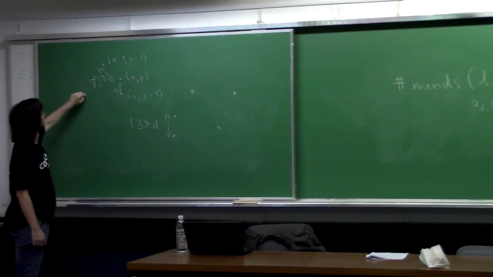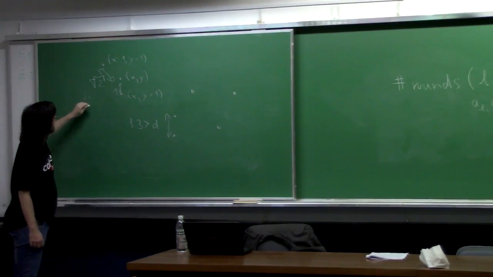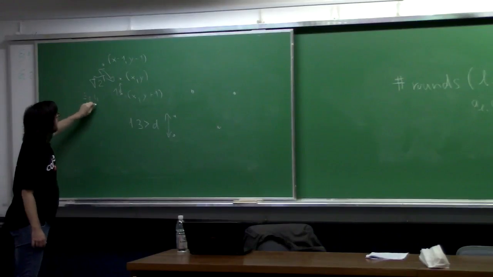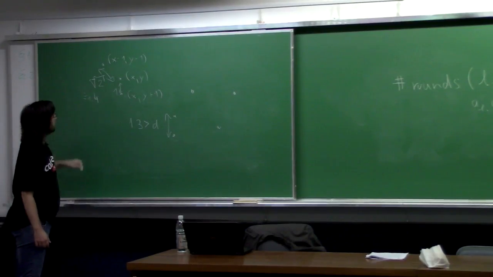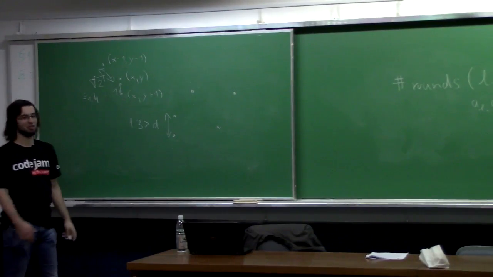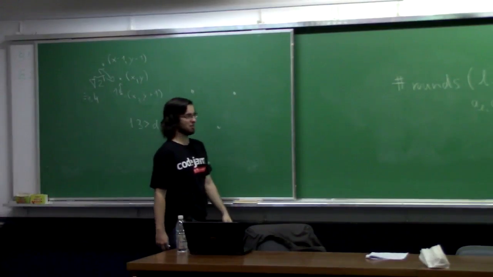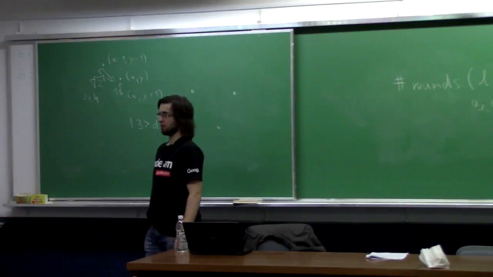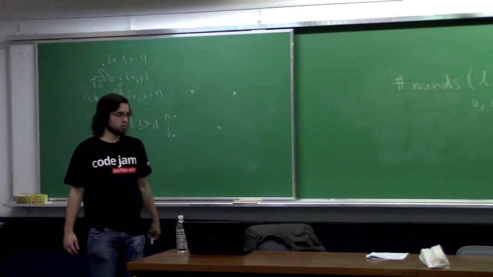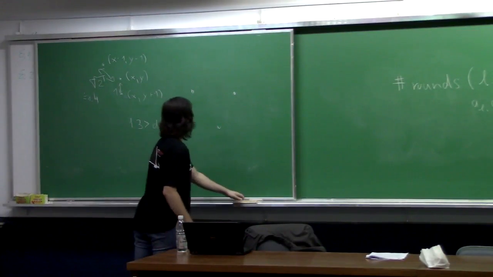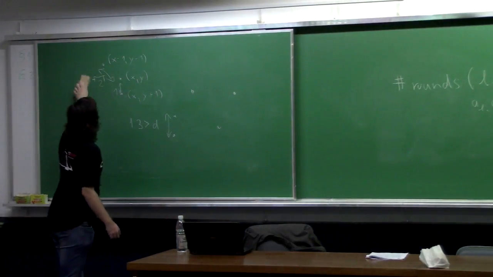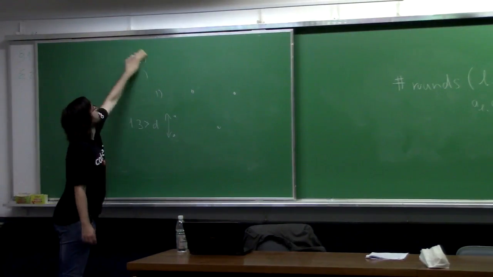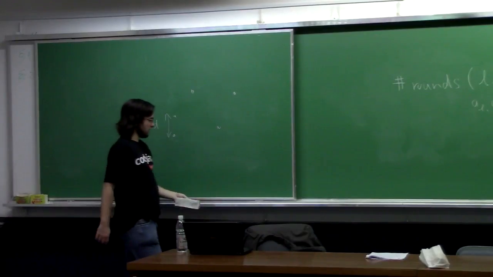And square root of 2 is approximately 1.4, which is greater than 1.3. So that 1.3 just says that the points have to have a distance at least the square root of 2. And so the points need to be non-adjacent.